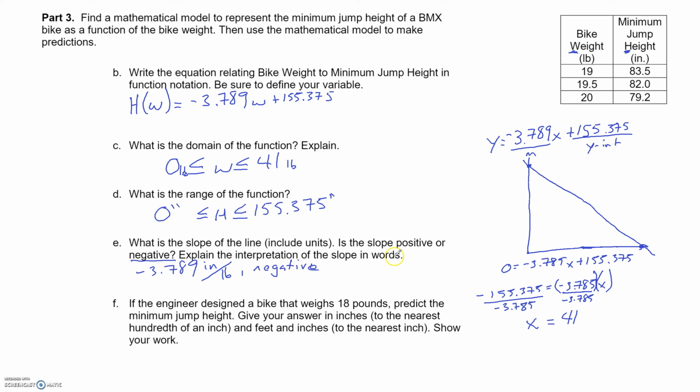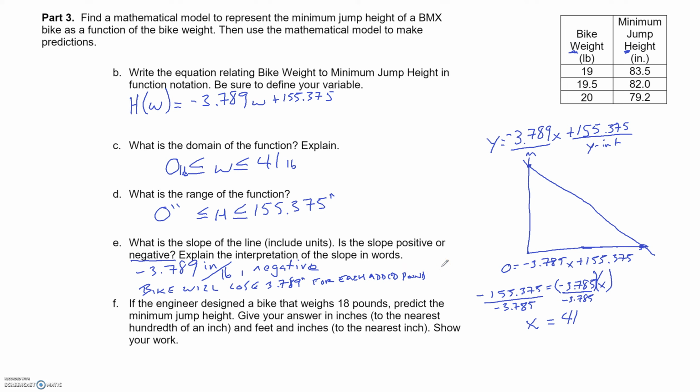And the interpretation of the slope in words is that the bike will lose 3.789 inches for each added pound of weight.